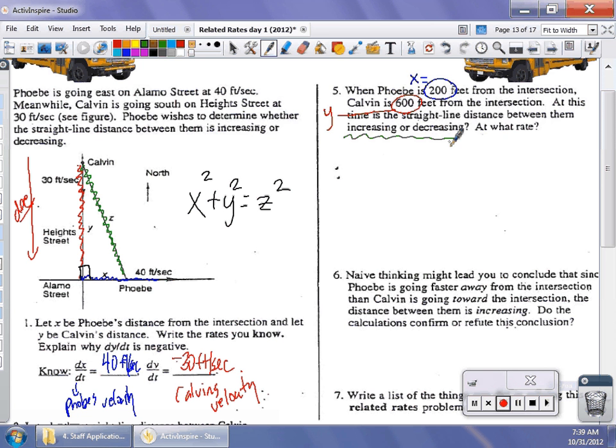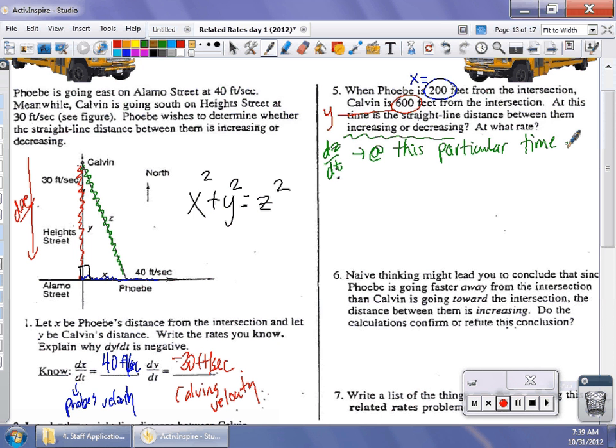So the straight line distance, remember, was z, so basically they're asking us to figure out what's going to happen with dz/dt at this particular time. Now because they're moving, their distances are changing, but their velocity is not changing, that's given.